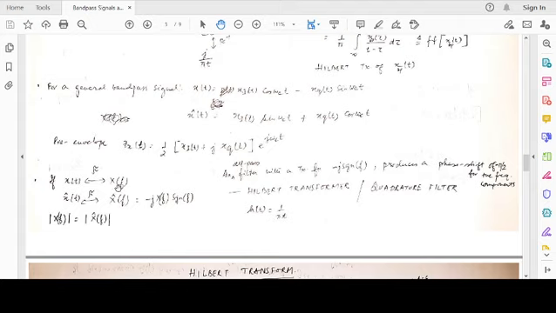The relationship between X(f) and X cap(f) is X cap(f) equals X(f) times signum f with a minus j. That means for frequency greater than 0, signum f is 1, so X cap(f) is minus jX(f), which provides a minus pi by 2 phase shift.